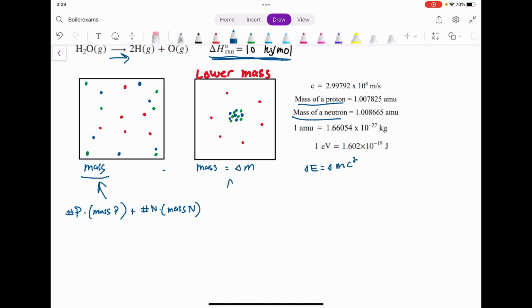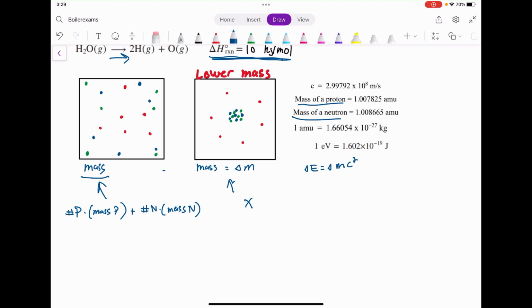Then the other mass would be told to me probably in the problem statement, or if it's an atom that has only one common isotope, it would probably be the AMU on the periodic table. But they'll probably tell you that in the problem statement. That's something that's experimentally found, so I'll just call it X.